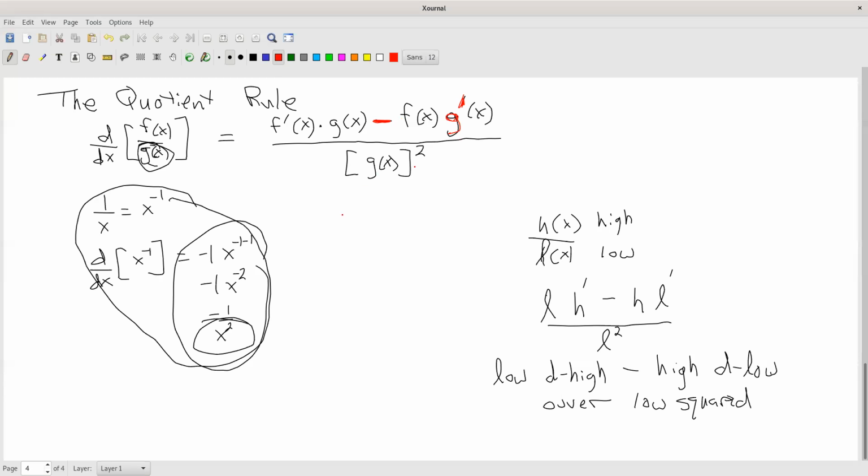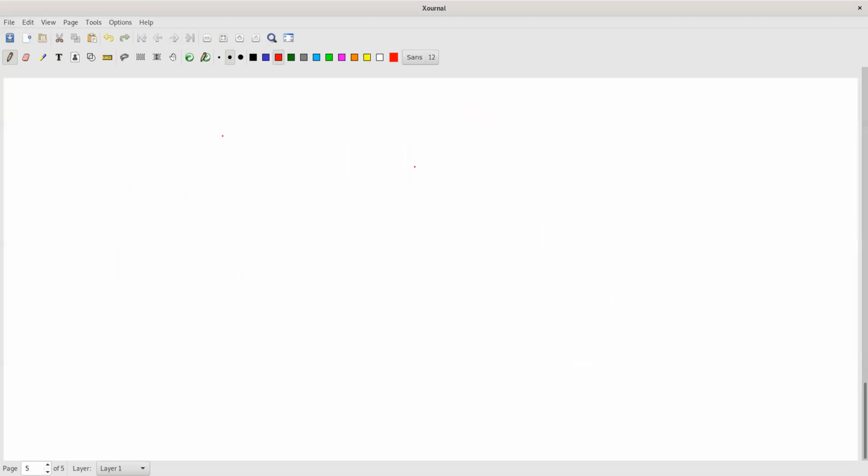All right, so let's test it out on a relatively easy function, and then we'll try some more examples of it. So an easy function would be something we could do another way to just test it out. So what if I had the derivative with respect to x of 2x squared plus 3x over x?